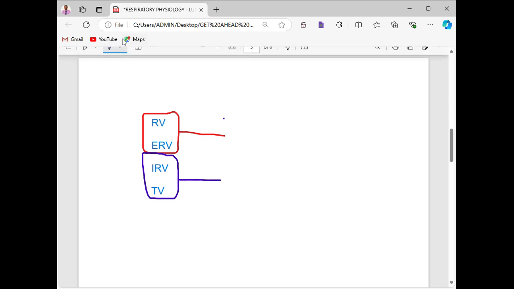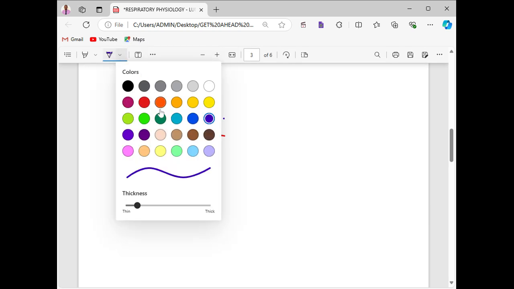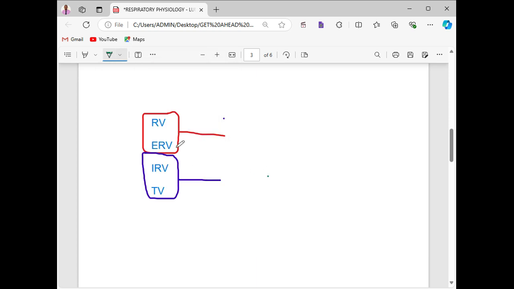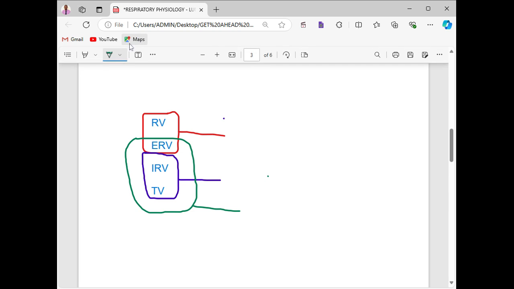And when we get these three, they will also represent something.